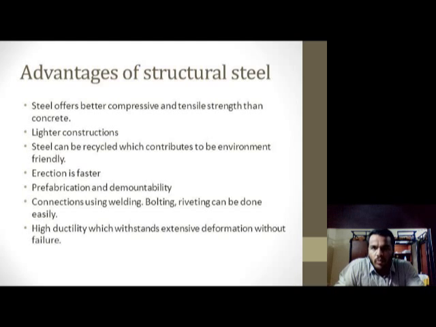So it is also one of the important advantages which has to be known. Connections can be made using welding, bolting and riveting. High ductility withstands extensive deformation without failure.